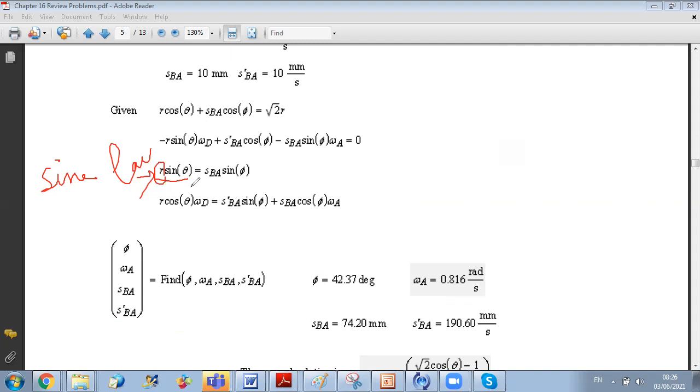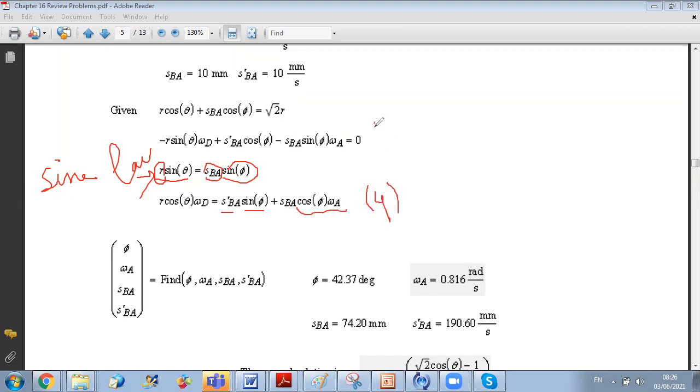So when you derive u times v, it's u prime v plus v prime u. And then you can say that the derivative of S BA is S prime BA, so u prime times v, plus the derivative of sine phi using the chain rule, which is cosine phi times phi dot, which is omega A. So this is equation number 4.